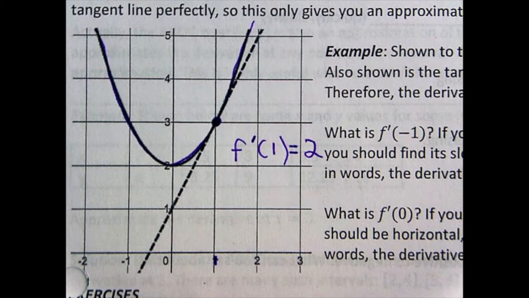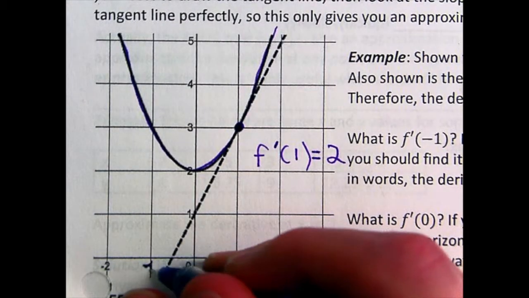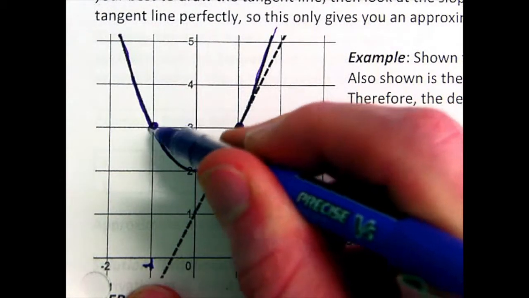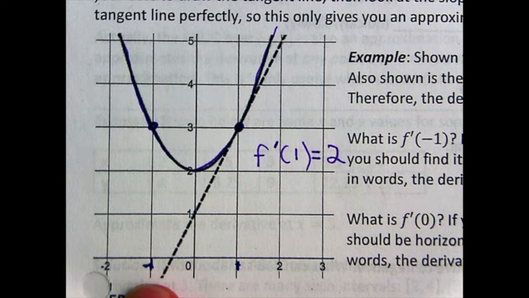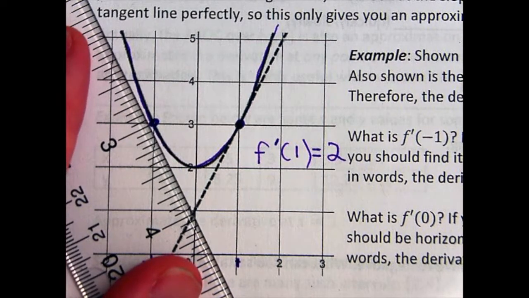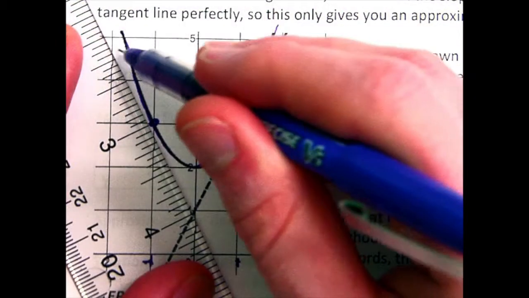Now, of course, you can look at f prime at other values. Let's, for example, look at -1. Here's -1 over here. Look at the dot on the graph. I don't have a computer-generated tangent line this time, so I have to just do my best at drawing it myself. Maybe it's something like this.